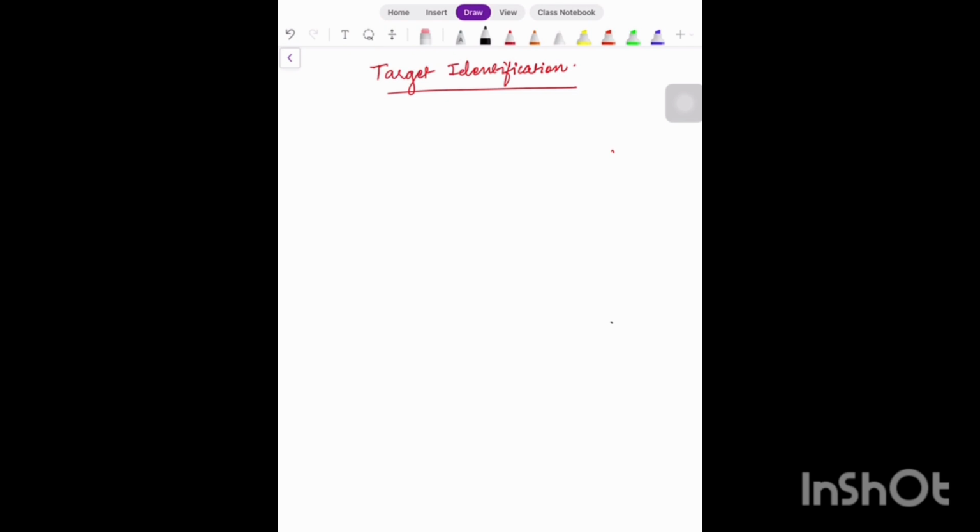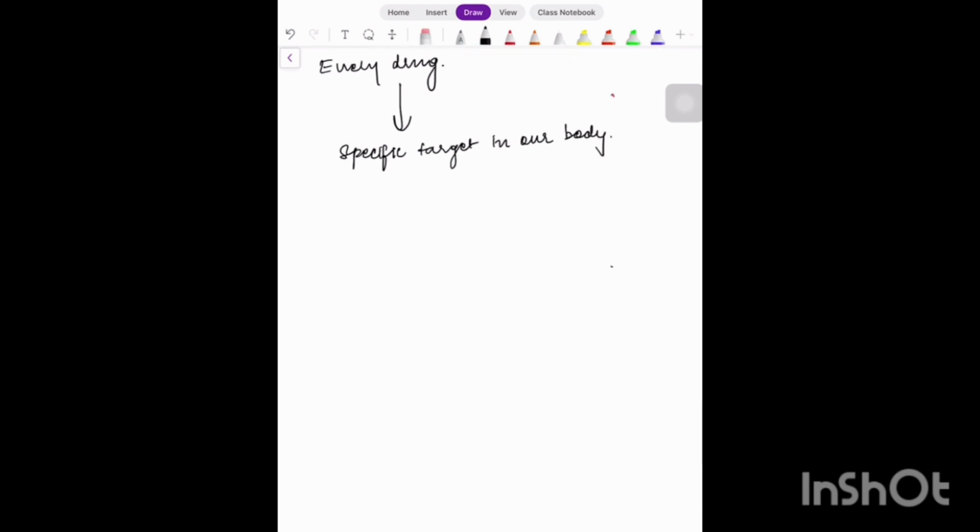So whatever drug we take, every drug has a specific target in the body. But everyone is confused as to what this target actually is. What is this target?